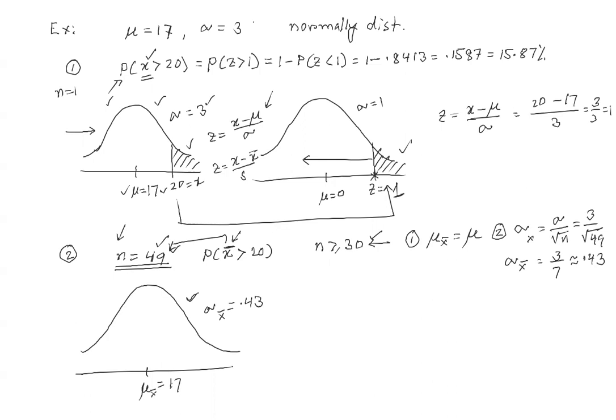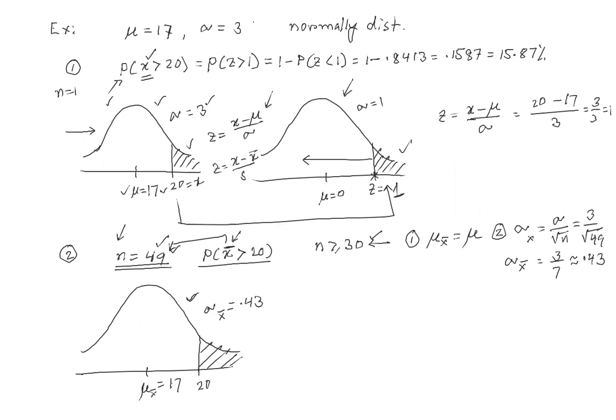Now, to find the probability that a group of randomly selected 49 students, their average is greater than 20. So 17 is here, 20 is here. Greater than that would be this, right? Now, you have to convert it into standard normal distribution, like the way we did for the regular distribution.